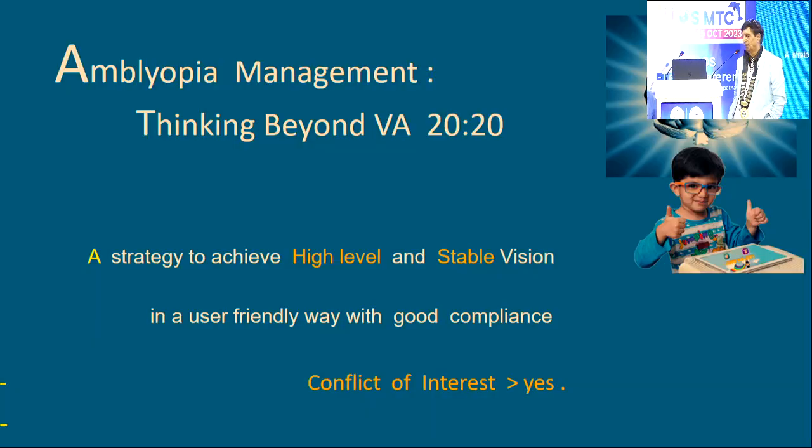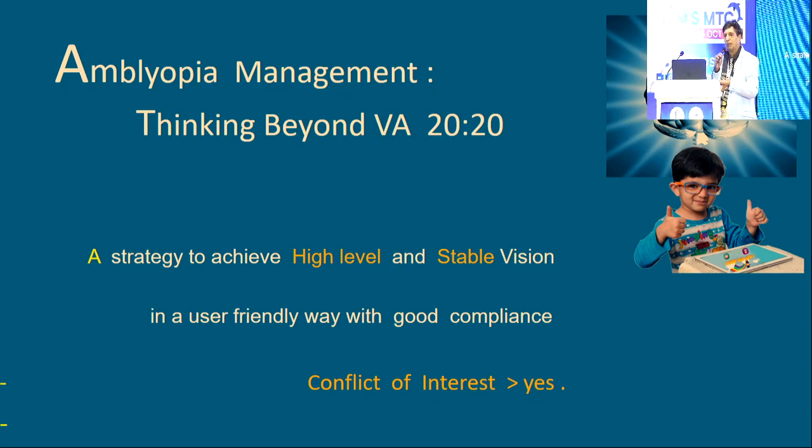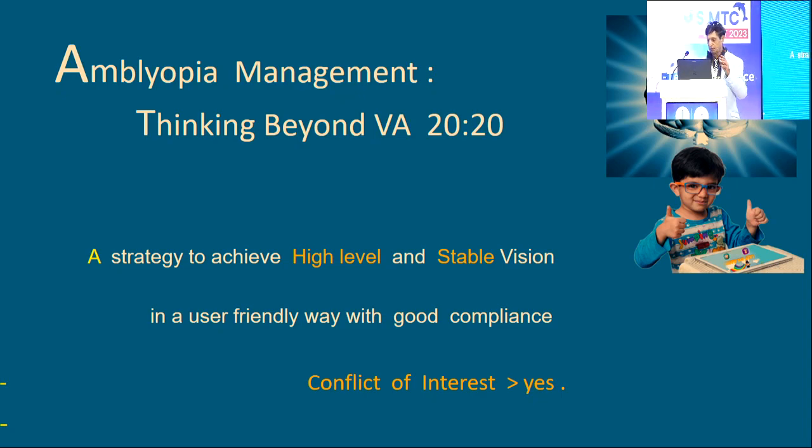Because the prevalence is very high, more than 8% in underprivileged populations of India and developing countries. So I'm here to tell you about easy solutions for the treatment of amblyopia.